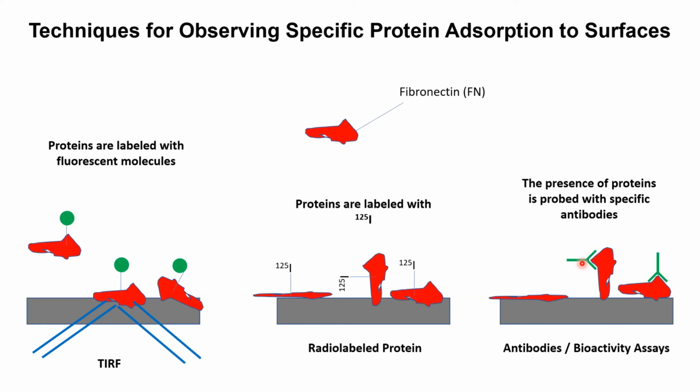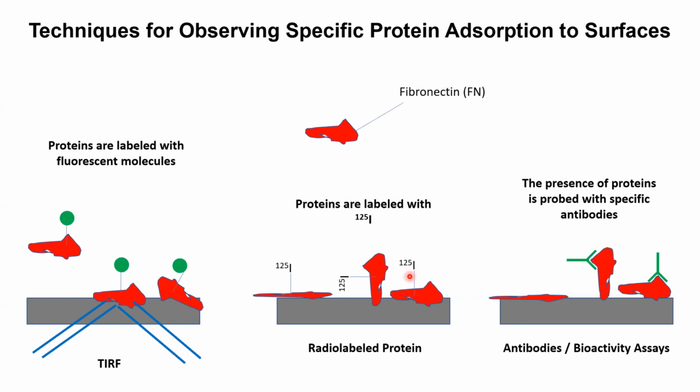And if the fibronectin is absorbed in a conformation where this particular peptide motif is not available to the receptor, then from the cell's point of view, the fibronectin might as well not be there at all. So this antibody-based assay is much more representative of what the cells would see than just looking at the overall amount of protein on the surface.